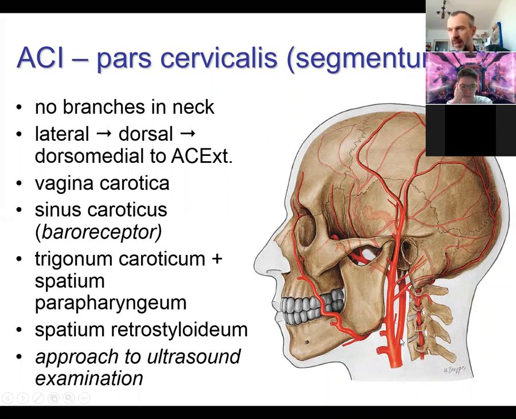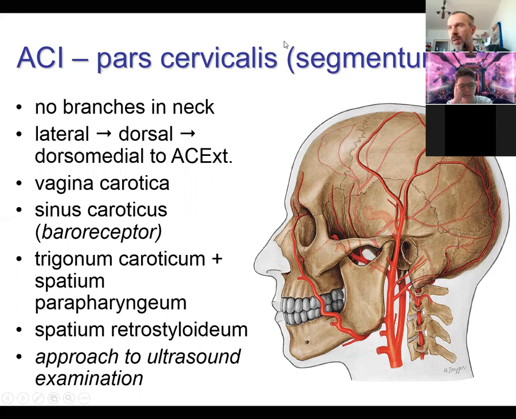At its beginning, we said there is the baroreceptor, the carotid sinus. It originates in the carotid triangle, and it's part of the parapharyngeal space. And when it reaches the styloid septum, it gets into the retrostyloid space, together with the ascending pharyngeal artery.